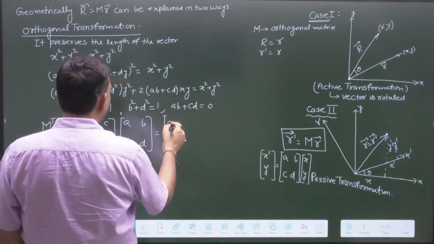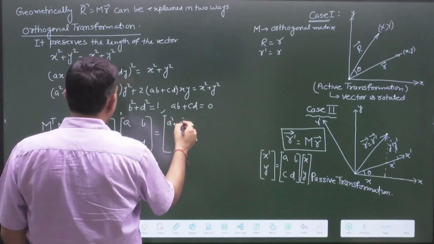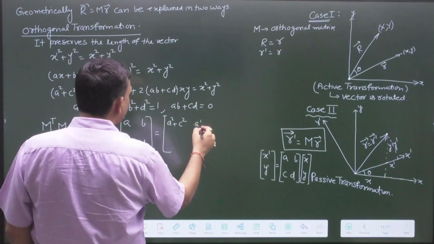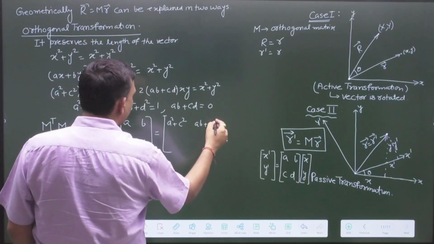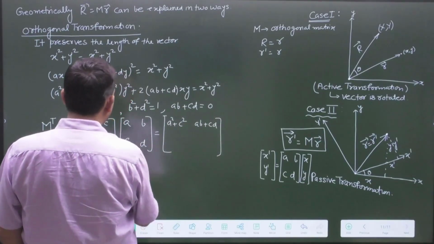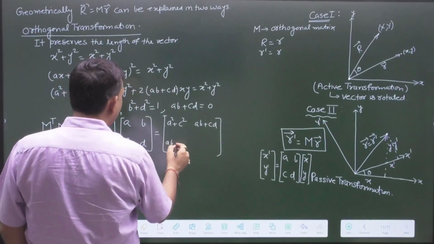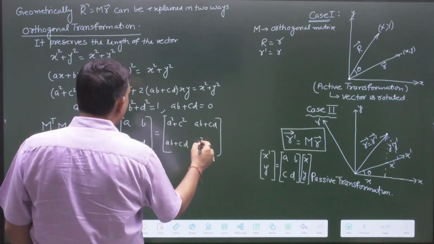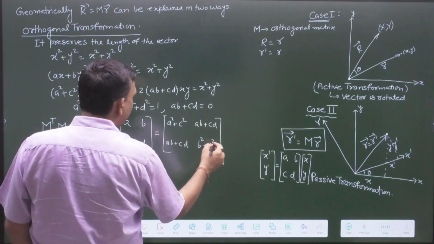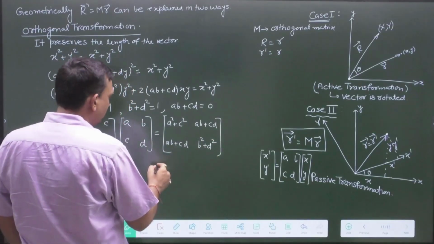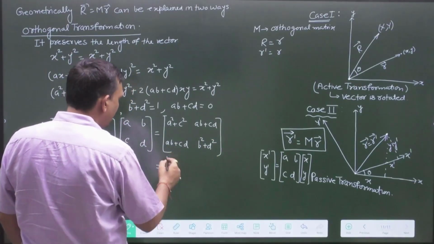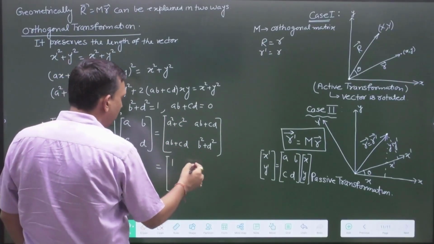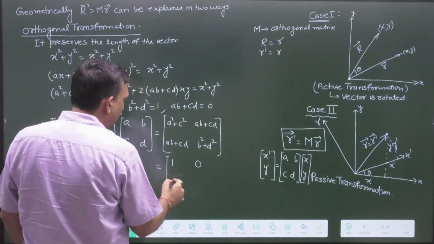This gives A square plus C square, then AB plus CD, and AB plus CD, and this is B square plus D square. This value is 1, this is 0, this is 0, this is 1.